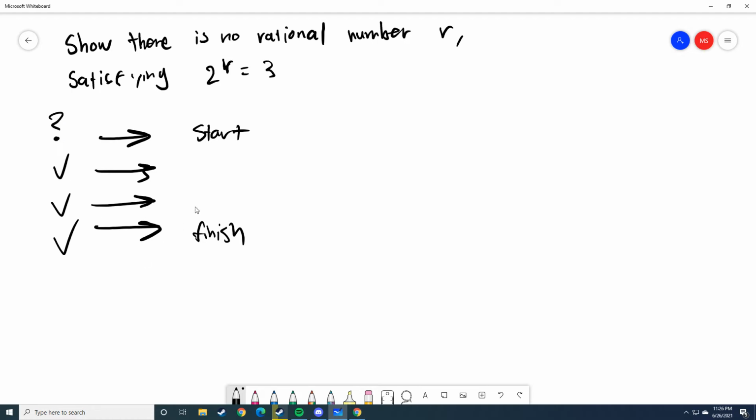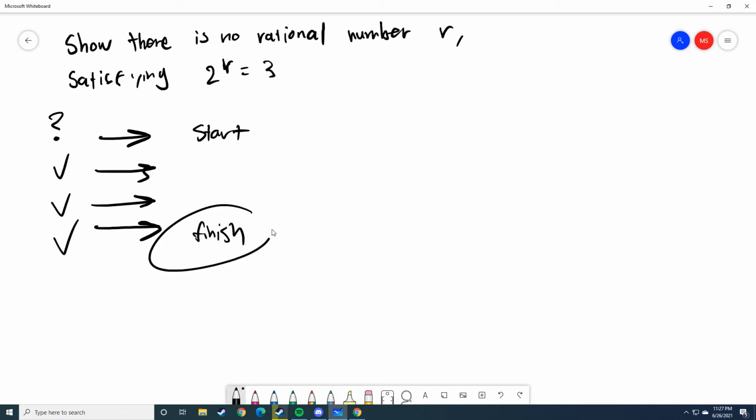The first step is assuming that there is some rational number r that satisfies this equation. So we're going to assume that 2 to the r equals 3 for some rational number r. And then we're going to do a series of logical and correct steps and arrive at something.